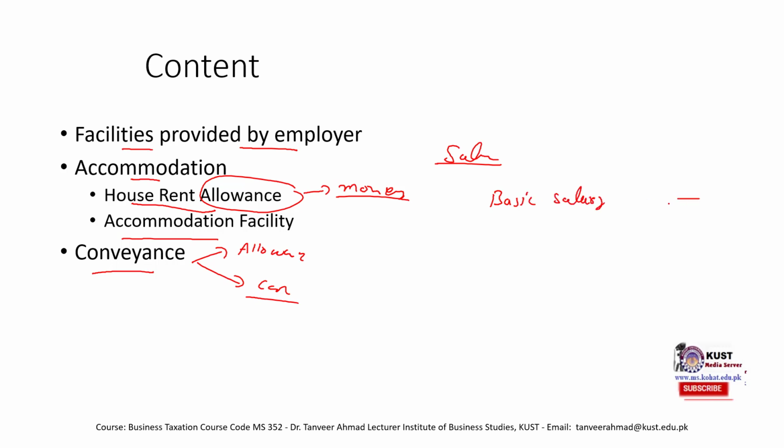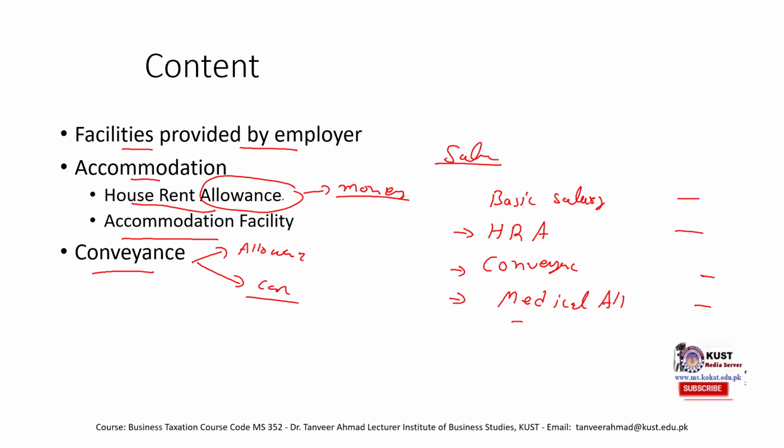There would be a certain amount. Then it would include house rent allowance. We also call it HRA. Then you might get conveyance allowance. Then you might also get medical allowance, right? And so on and so forth. So we are going to discuss each of them one by one.